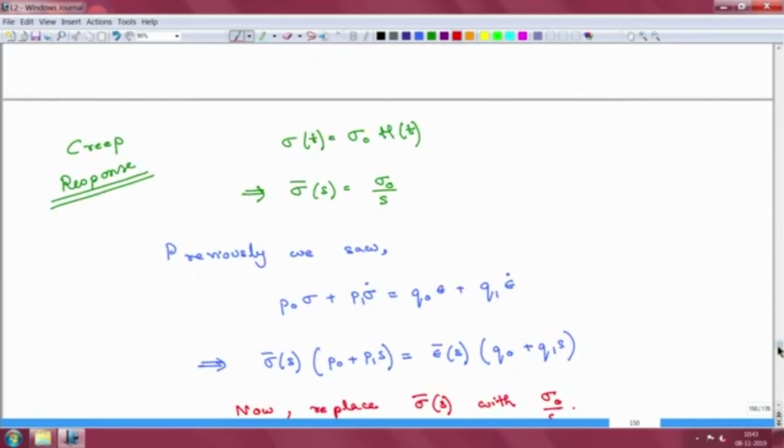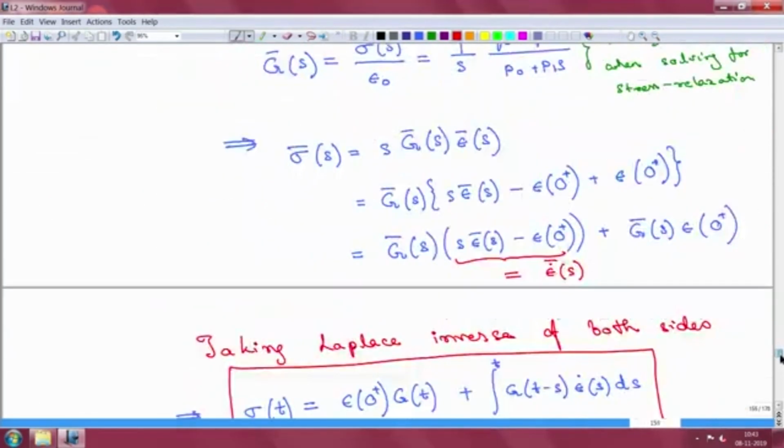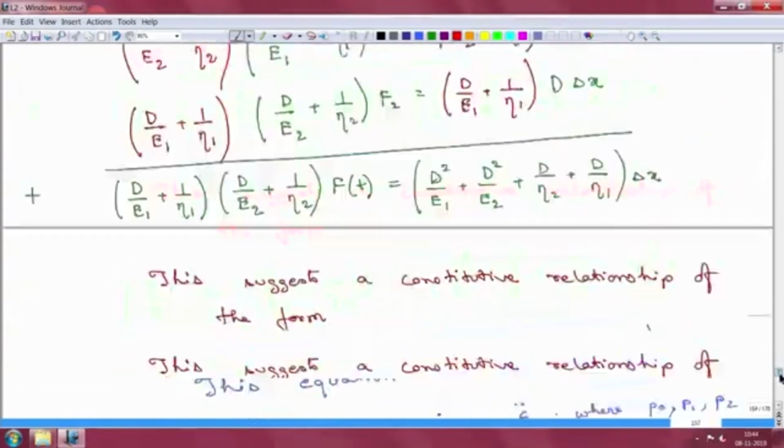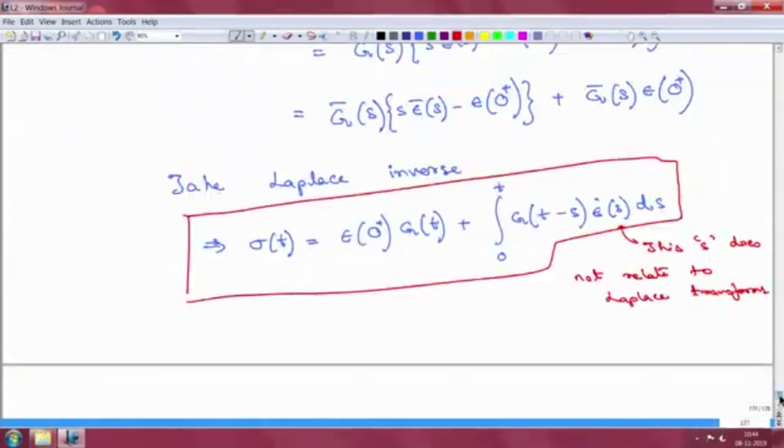So, for this simple case of the model, we had seen that when you take the relationship between an arbitrary given strain history and stress, the current state of stress is given by this particular integral, right. And it so happens that when you rederive it for the case of a more complicated system with n number of elements, you end up getting back the same equation.